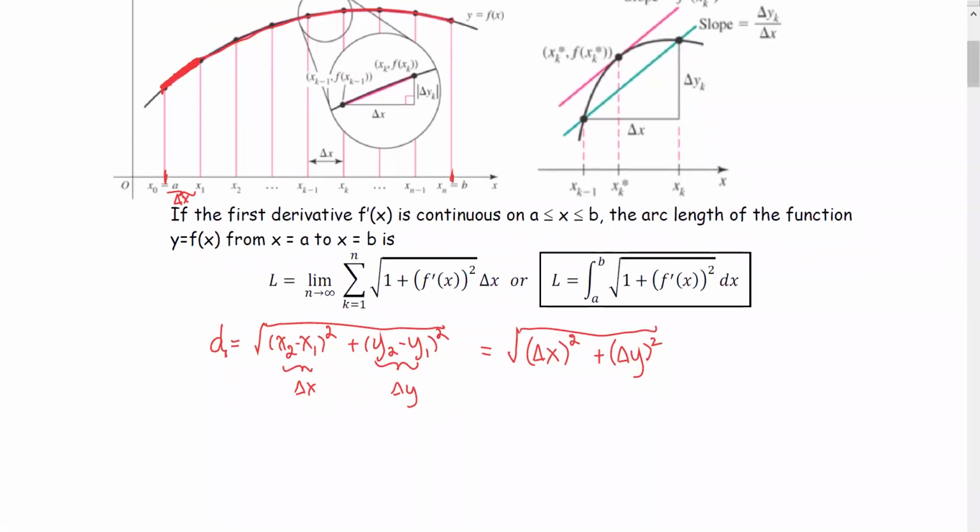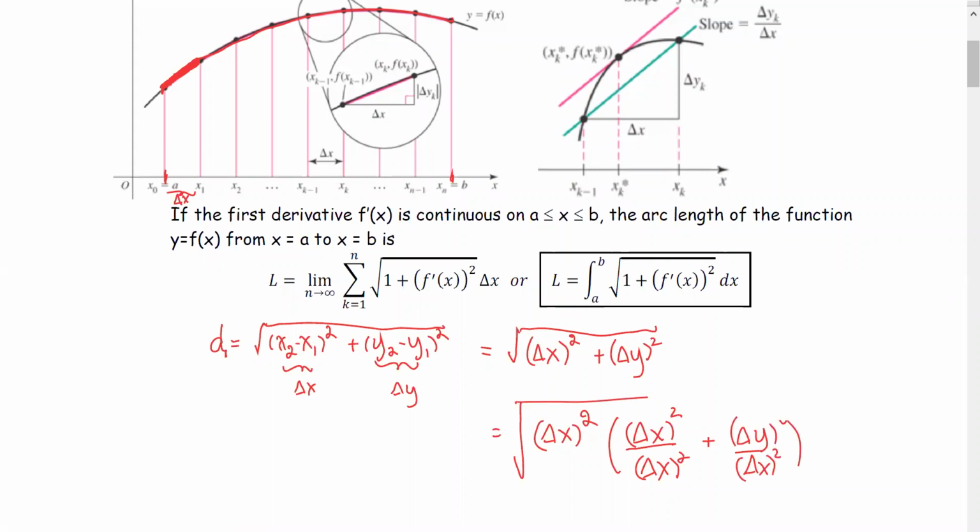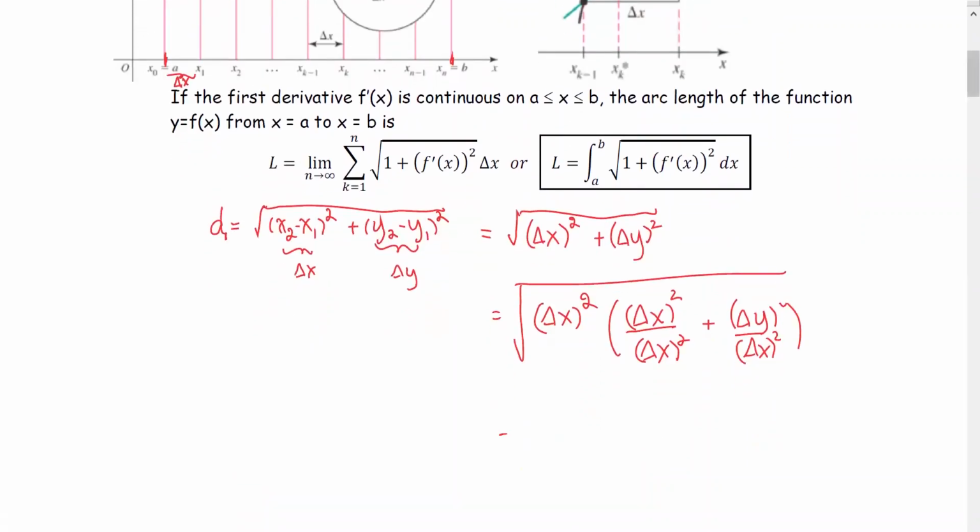Next, we divide all by delta x squared within the radical and multiply by delta x squared as well. We get delta x outside of the radical.